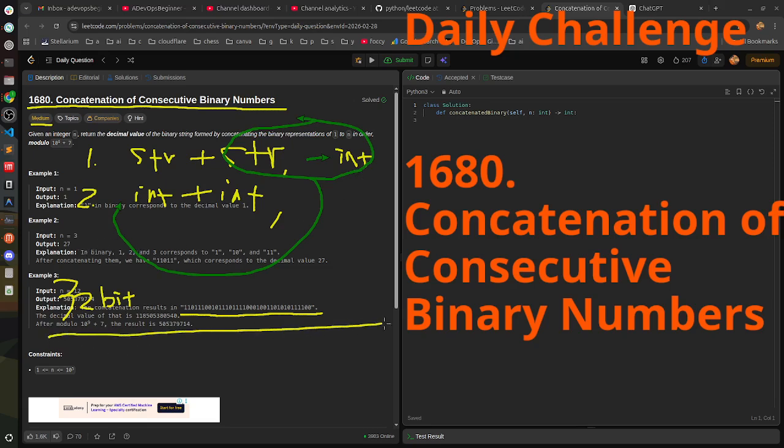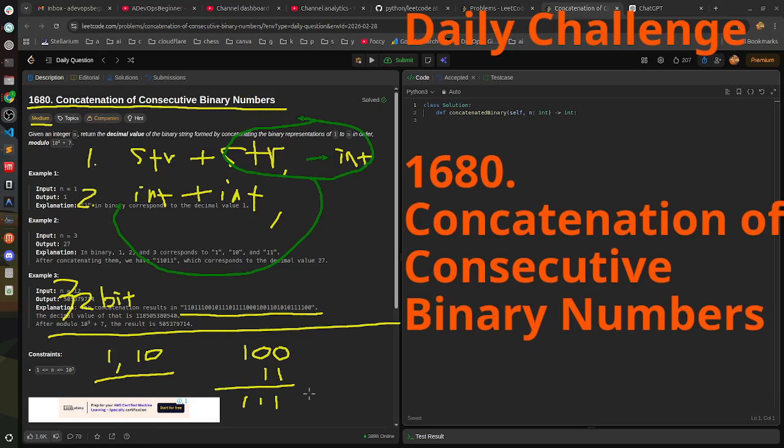But the trick here is, say if we have a 1, and we want to add 1 and 2, what am I going to do? I'm going to move this 1 to the left by 2 bits, then add the new number into it, to make it a new one.